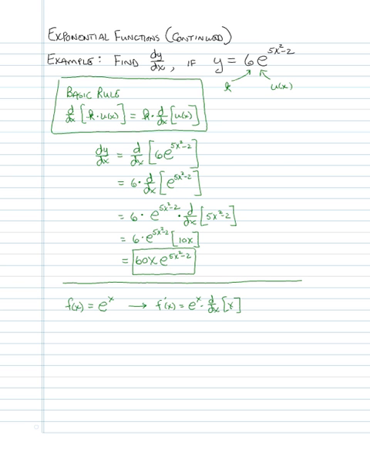And in this case, since the power is just x, the derivative of x with respect to x is just 1. So we'd end up with e to the x times 1, and of course, that's just e to the x. So the chain rule actually works, but it's just something we don't need if the exponent is x alone.